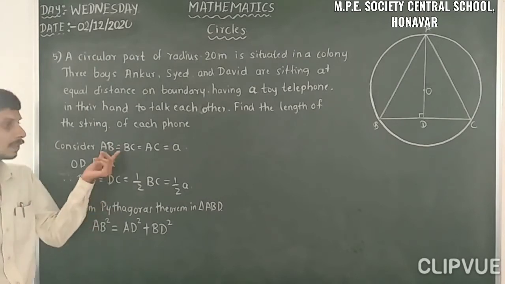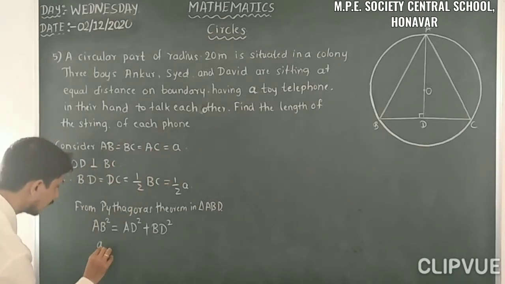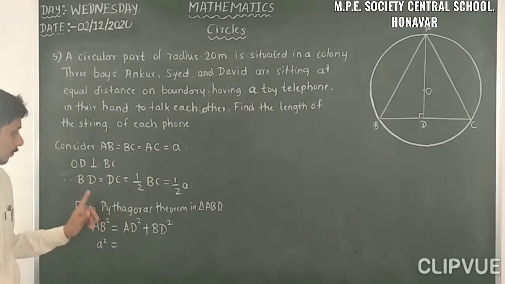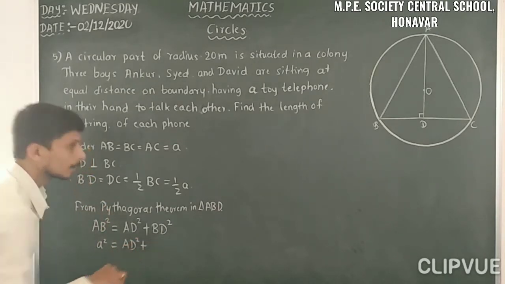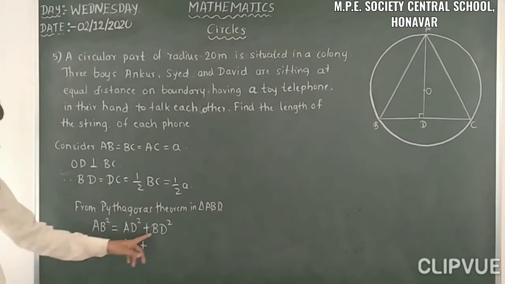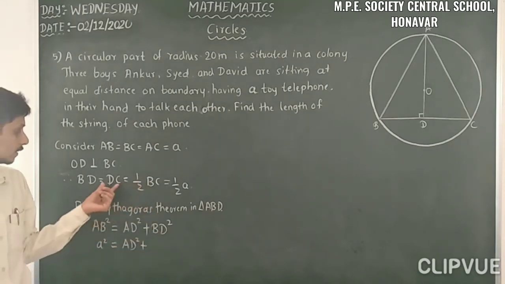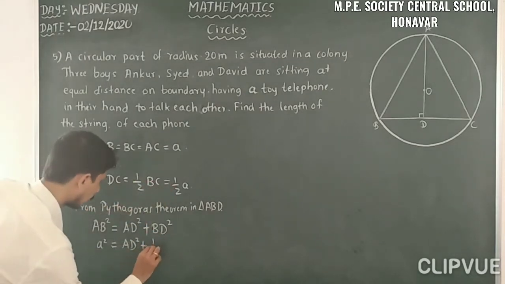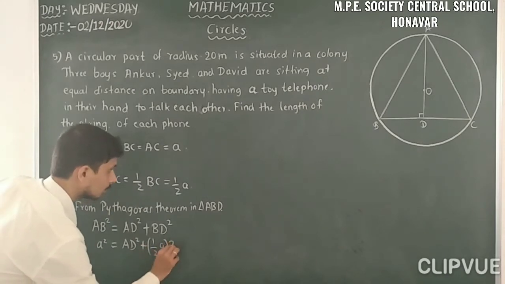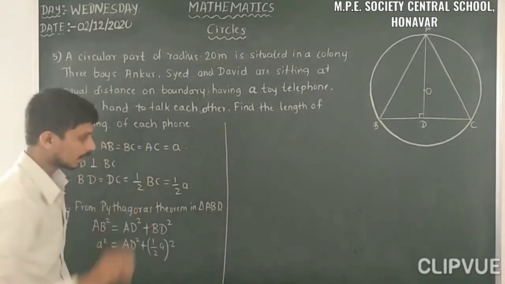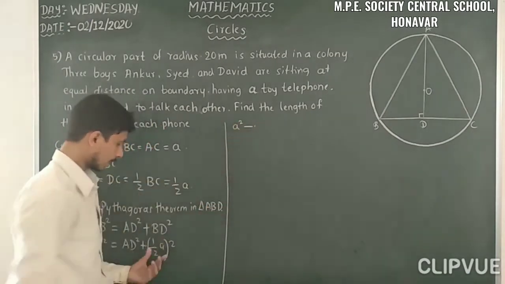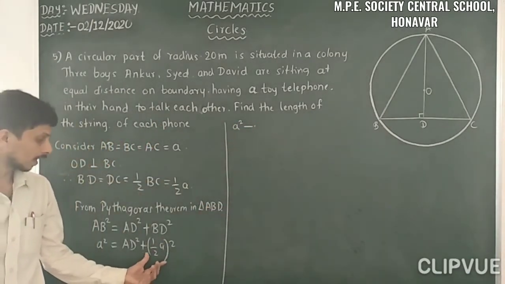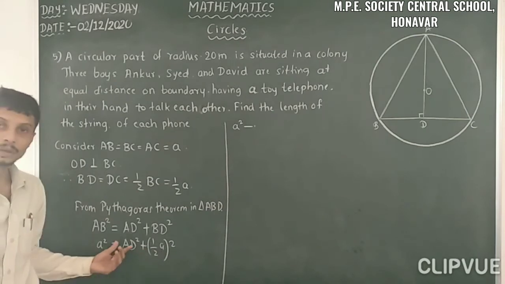What is the value of AB here? AB is A, so A square is equal to AD square plus BD square. AD we don't know, so we have to leave it as it is. BD is equal to half of A, so half of A whole square. Here I will transpose this half A whole square to the LHS.